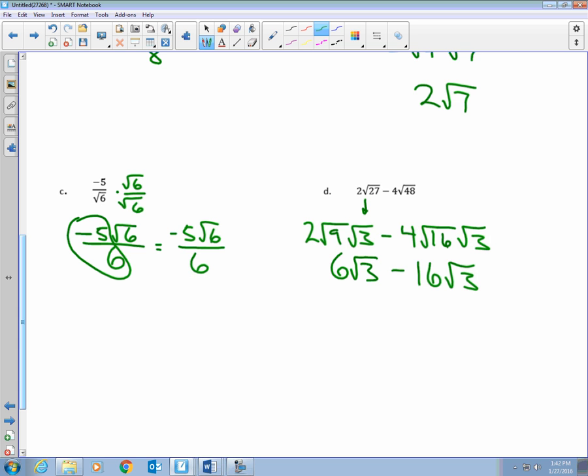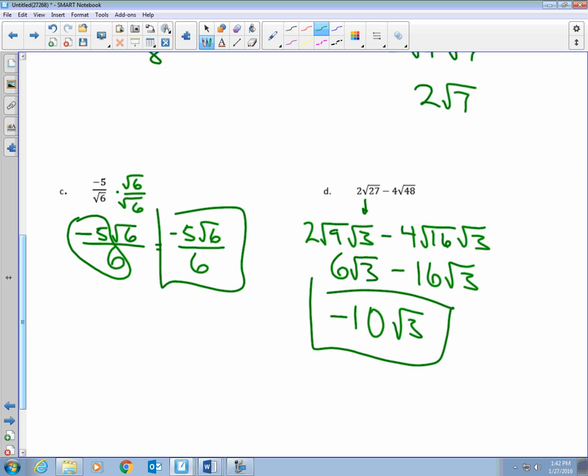Are the radicands the same now? Yeah, so now you can do the subtraction. This is kind of like 6x minus 16x. Instead of an x, I have the root of 3. So what's 6 minus 16? Negative 10 roots of 3. Very good.